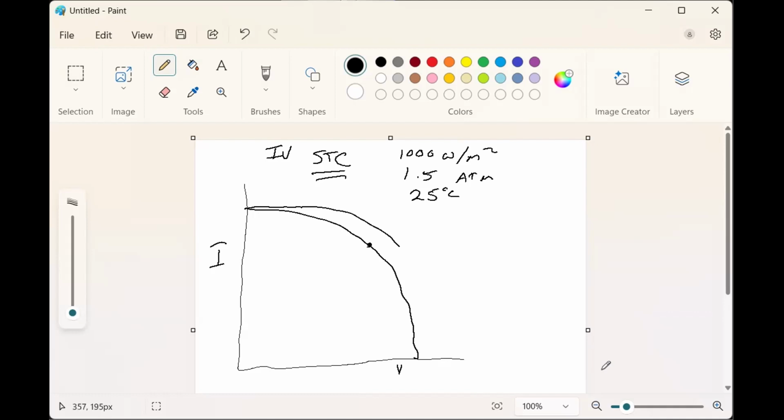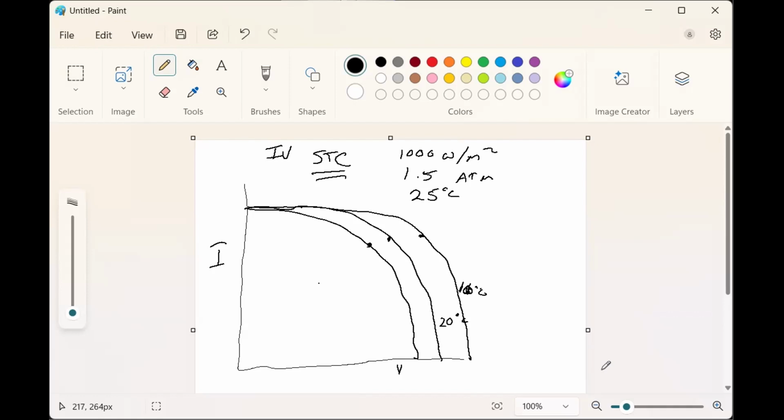So at 25, it might produce what's on that first line. But let's say at 20 degrees Celsius, that's going to be your line. And the maximum power point actually shifts. And then if it gets colder still, let's say 10 degrees, it's going to look something like that. That's a bad 10. All right, so it keeps shifting, and the maximum power point keeps shifting as well.